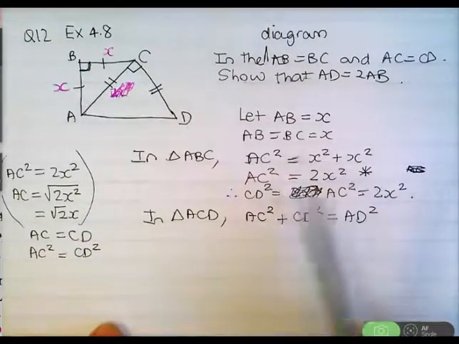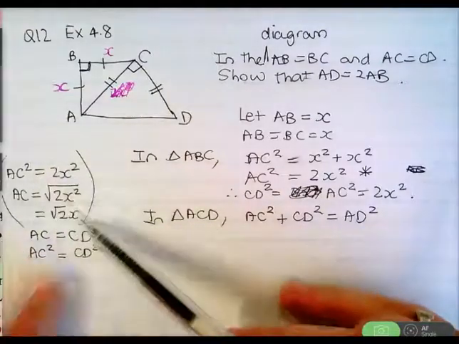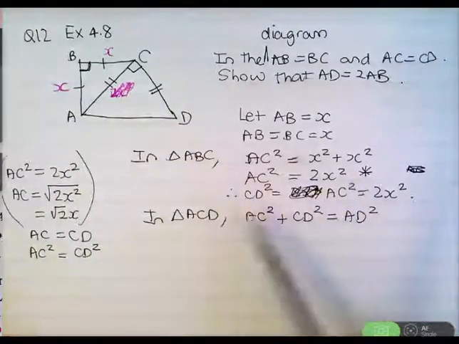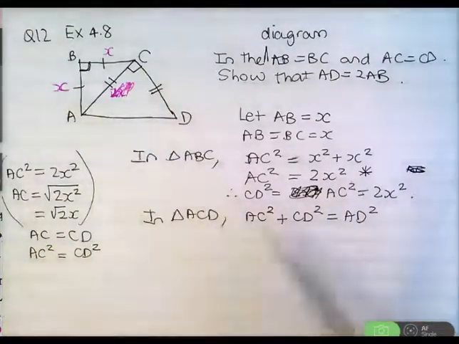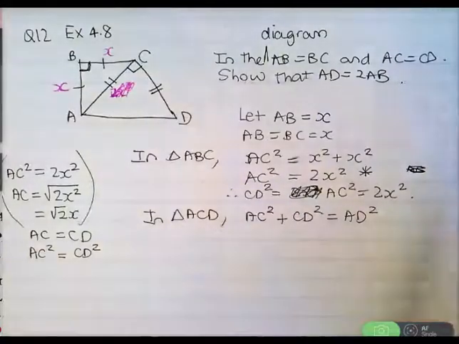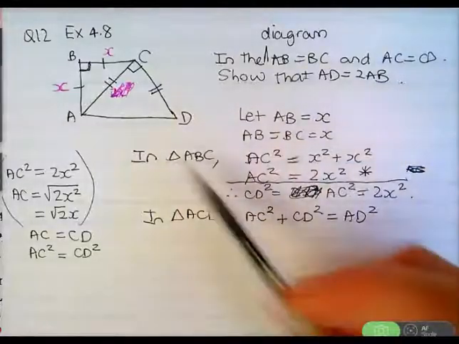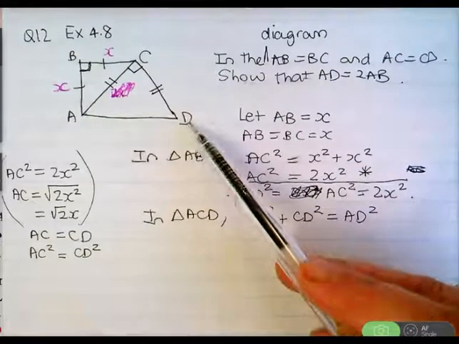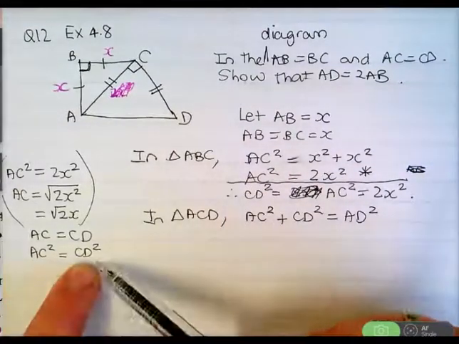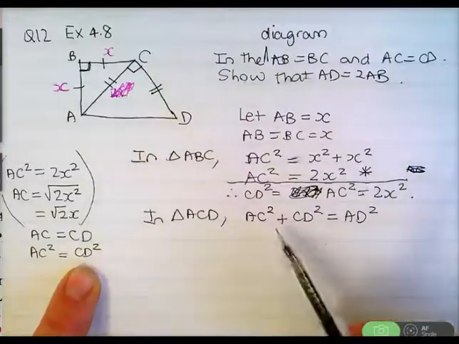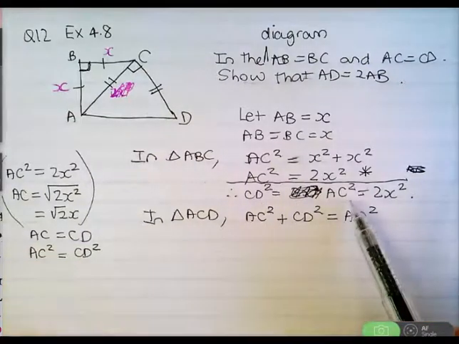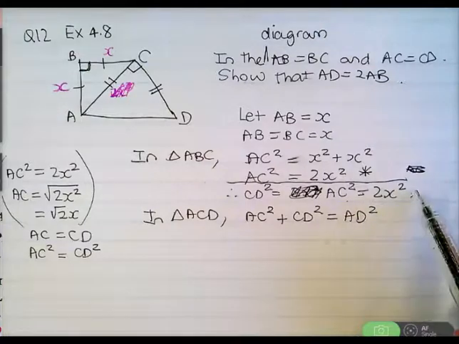Now, I'm actually not going to work out what AC is over here, because I know that in my next line of working, I've got AC squared is 2x squared from my first triangle. But now I'm saying, well, I know that AC equals CD, so therefore AC squared will equal CD squared. So I can say CD squared is the same as AC squared, which is 2x squared.